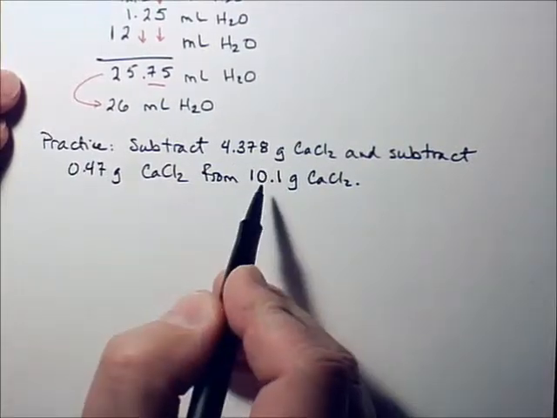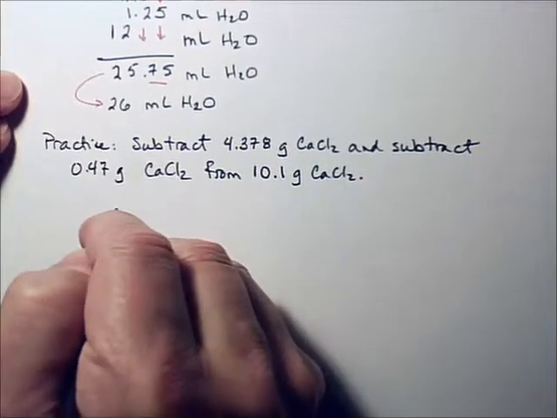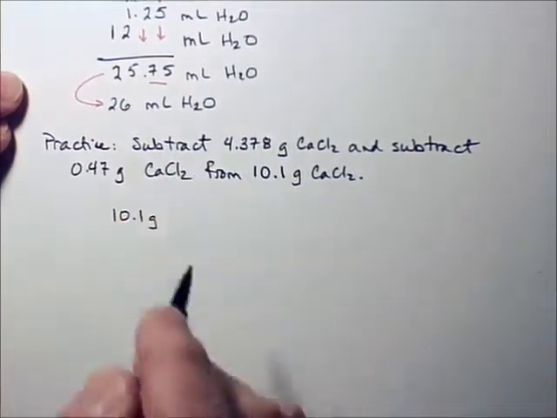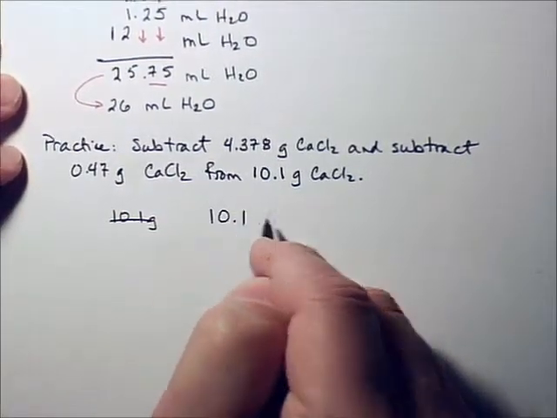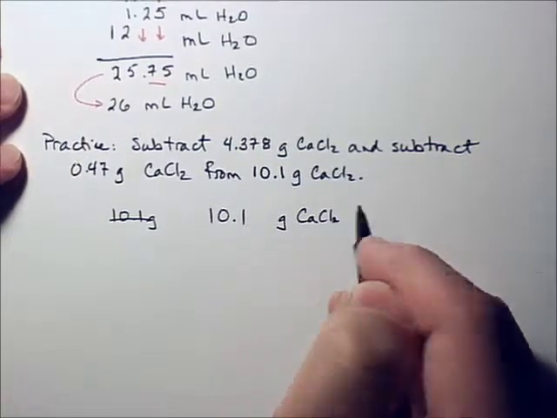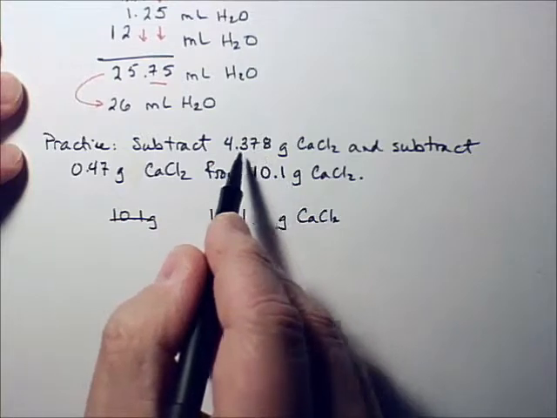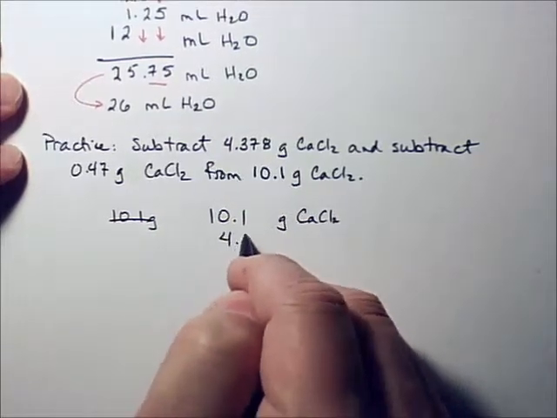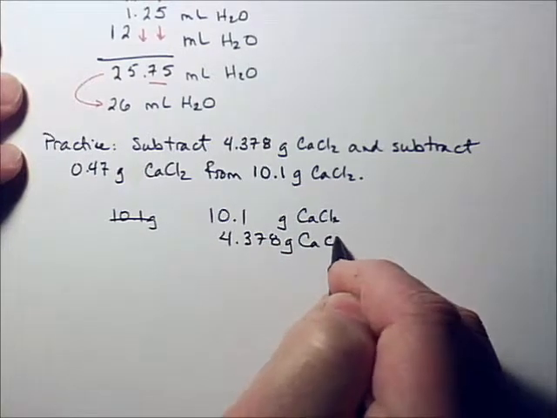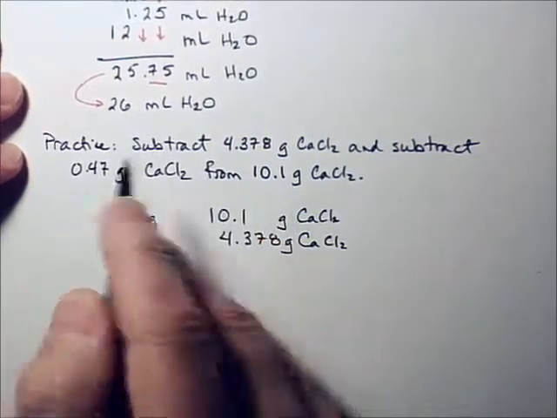All right, we're going to subtract this number and this number from 10.1. So 10.1 grams of calcium chloride. And then I'm going to subtract 4.378 grams of calcium chloride.